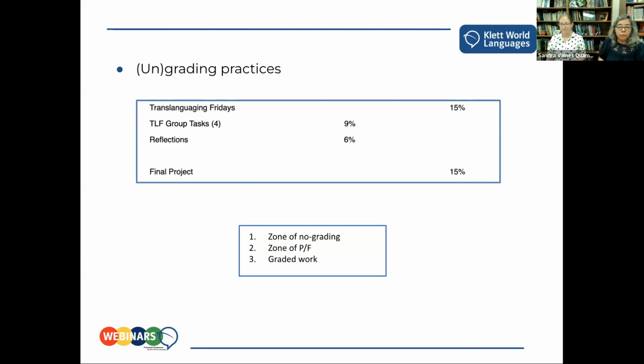And then we will have a zone of pass-fail, or SU, if you want, where the focus is going to be on strong feedback from us. But if they turn in something, we will just focus on the feedback, and it's going to be pass. And there's not going to be a discount of points based on errors or even adjustments, right? And then we're going to do graded work, which is probably going to be the final tasks for our modules.